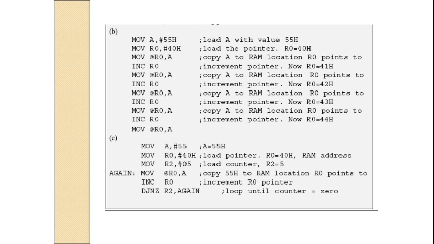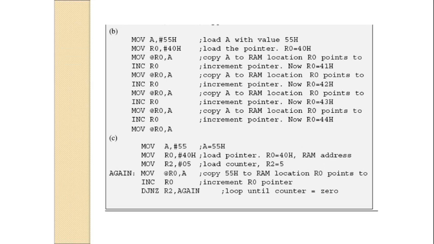So first R0 should be taken as some pointer. I already said in register indirect addressing mode that we'll take R0 as a pointer. It will point towards some location, because inside R0 you'll have an address, so it will point towards that address. Once you store into that address, next increment that pointer by 1, then store into that address, then again increment by 1, store into that address. So that is what he has done.